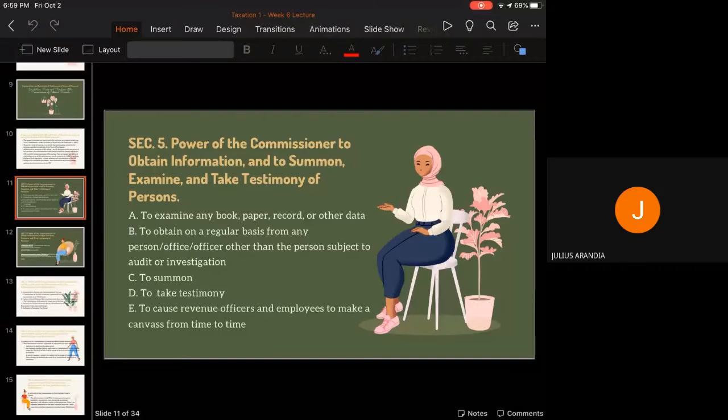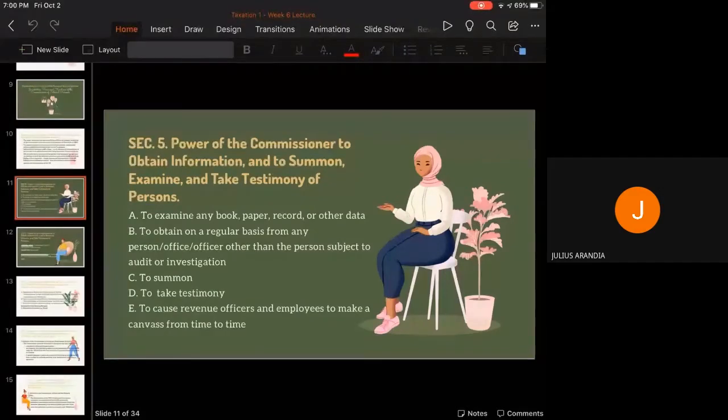So these five are the ways that the Commissioner may do to be able to determine the amount of tax due or tax liability of the taxpayer in case he failed to file, or in case there is some discrepancy in the amount of tax he filed in his return. So based on the best evidence rule.